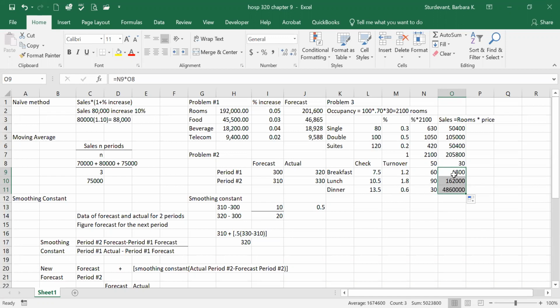Wait a minute, something didn't come up here, right? $60. Hold on a second, something is not right in my formulas.